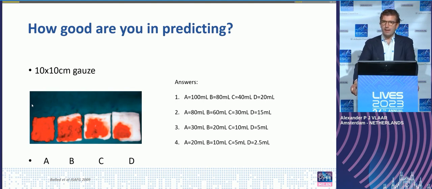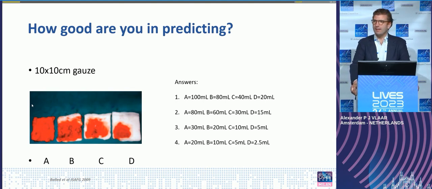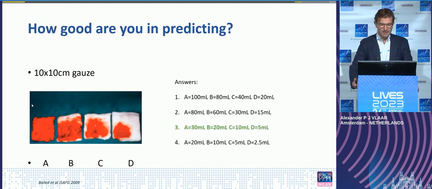Who is for number 1 as an answer? Number 2, number 3, number 4, okay, almost normal spread in the room, but it is number 3. So it's 30 ml, 20 ml, 10 ml, and 5 ml.